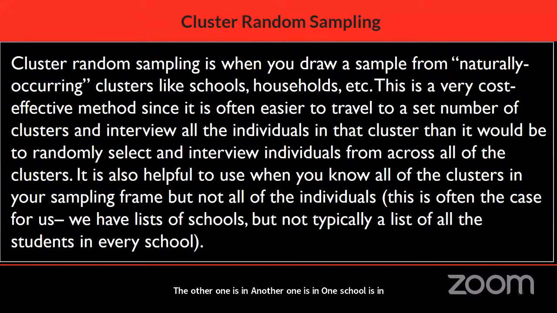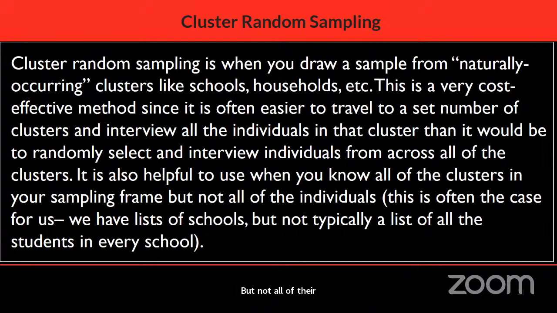So cluster random sampling is cost effective. Moving from one school in one area to another area might cost you a lot of money. It's also helpful to use when you know all of the clusters in your sampling frame, but not all of the individuals.